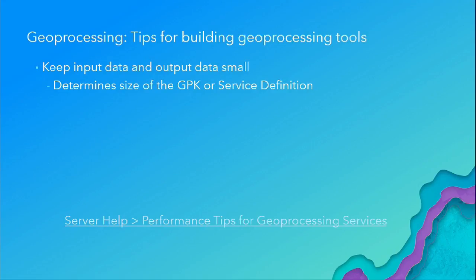So that's a consideration when you're running that script or model for the result that you're going to publish as a package. You should keep the input data small and make sure that the result output data is going to be pretty small as well. And maybe even consider subsetting the project data that's going to be accessed during the execution of the model, to keep that overall package quite small.